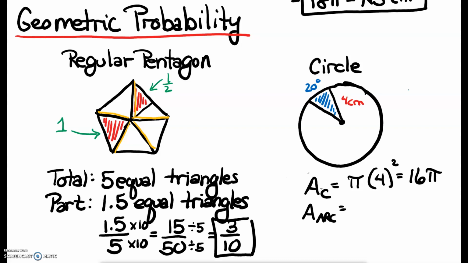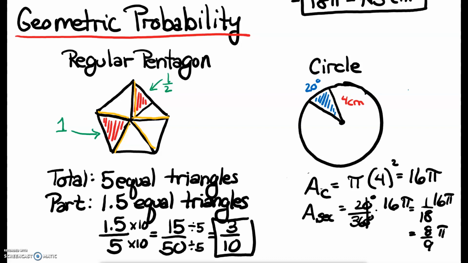or the sector, I should say, the sector would be 20 degrees over 360 times pi r squared, which we've already calculated. So I know this is going to be 1/18 of 16 pi. When I reduce that, I get 8/9 pi.